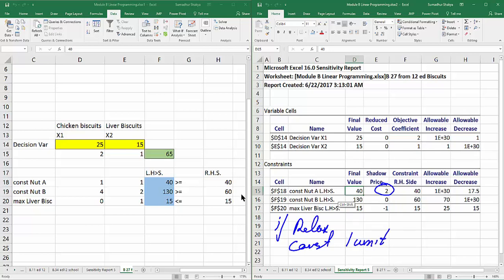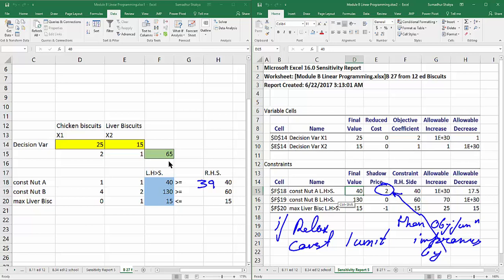So relaxing the constraint, in this case this is greater than 40. On the upper end this is infinity, on the lower end it is limited at 40. So we can only relax it by 1 unit to make it 39 as the right hand side. That means if we were to do this by 1 unit, then our objective function improves by the amount of shadow price.